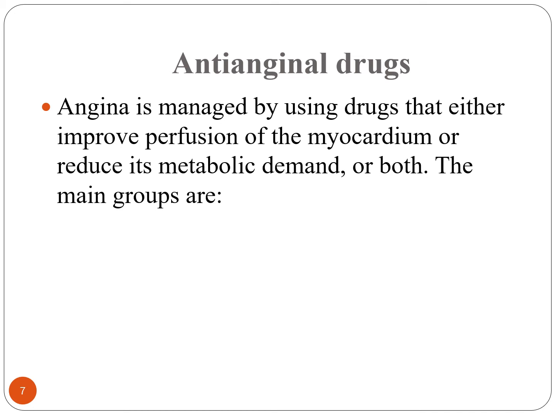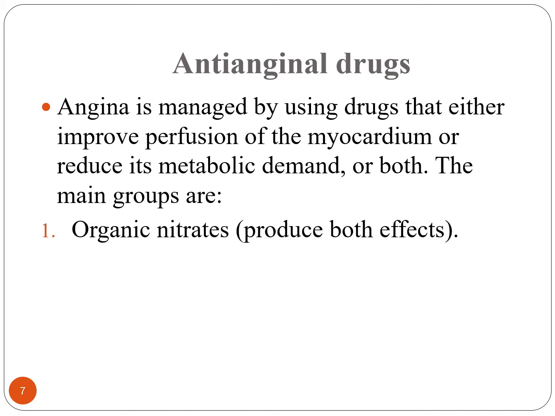The main groups of anti-anginal drugs, we have the organic nitrates, which are drugs mainly used for treatment of angina and also can be used for treatment of hypertension, but mainly used for treatment of angina. Organic nitrates produce both effects, and you'll see inshallah this when we talk about the mechanism of the organic nitrates.